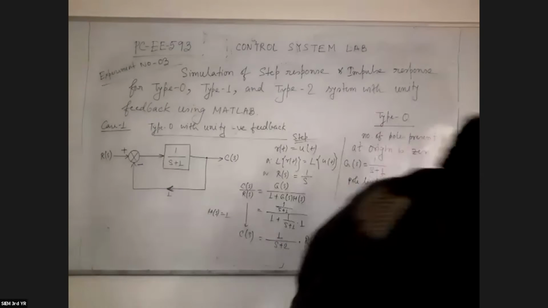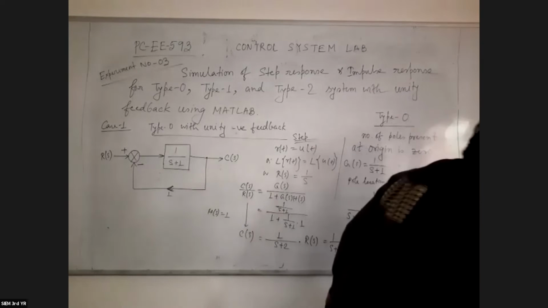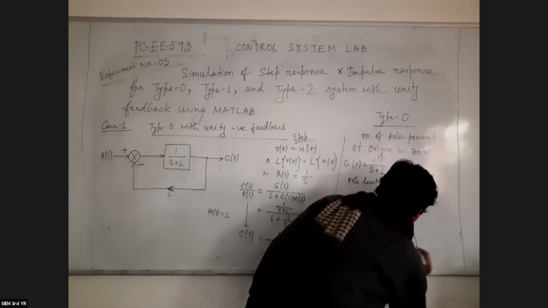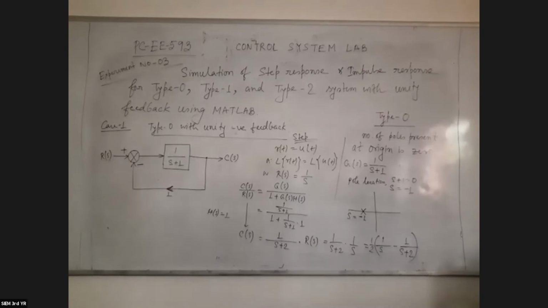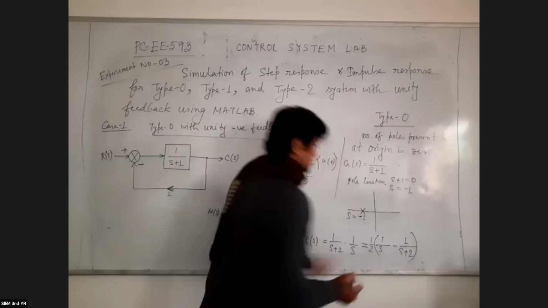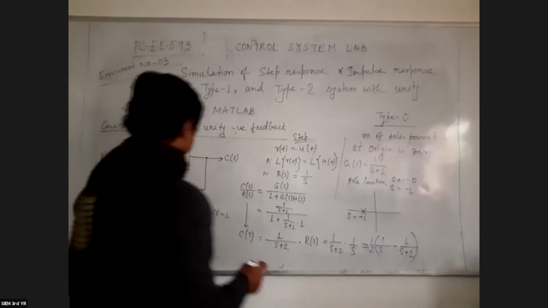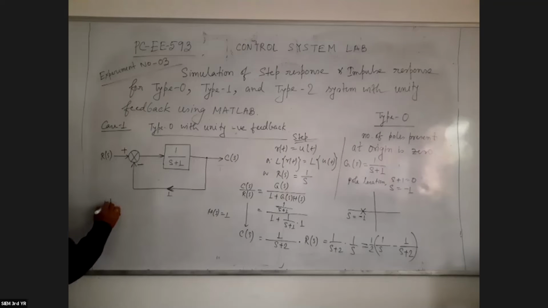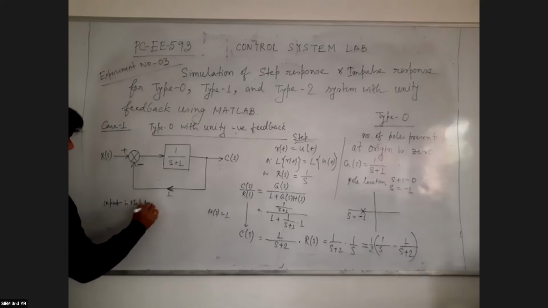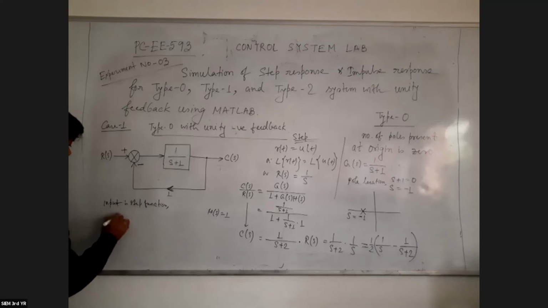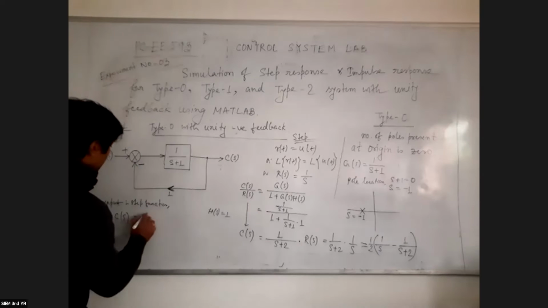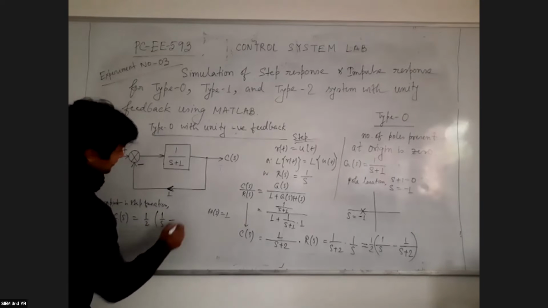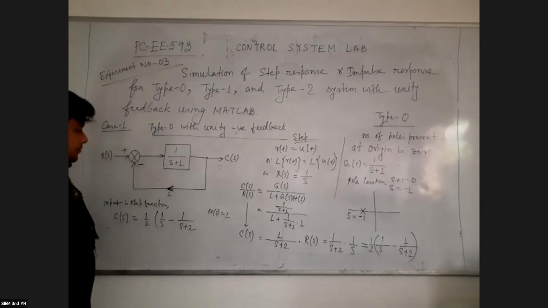So ultimately, for the step function input, C(s) becomes half of 1 by s minus 1 by s plus 2.